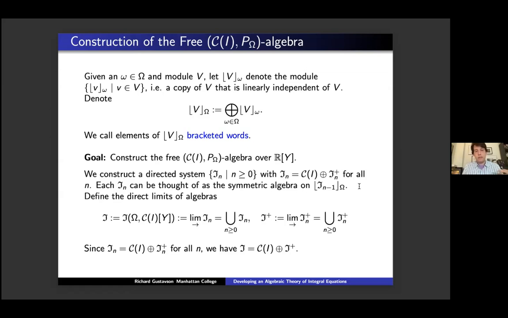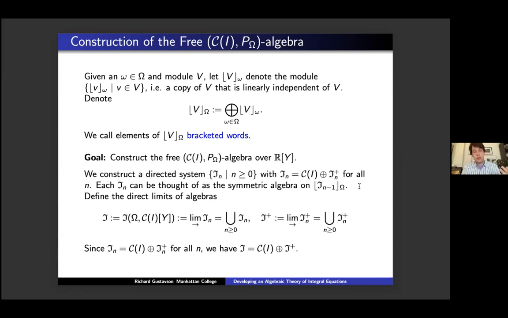And then we can define V bracket omega to just be the direct sum of all of these V bracket little omegas. Elements here, we call bracketed words. The idea is that omega bracket V is going to correspond to the omega integral of V when we actually work out the construction of the integral polynomials.